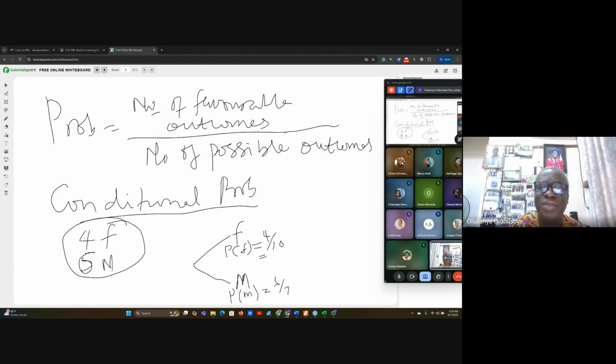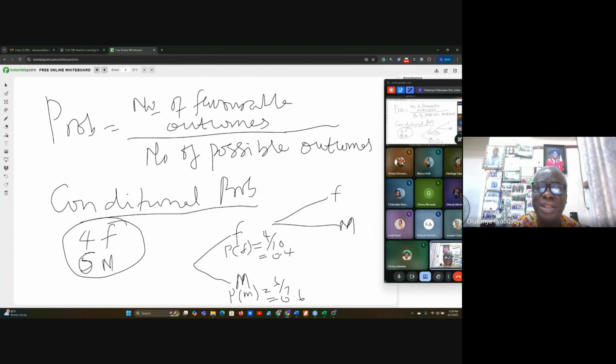Of course, this is 0.4 and this is 0.6. Now, if you go to the second stage, after picking the female, in the second stage, you could also pick a female or a male.